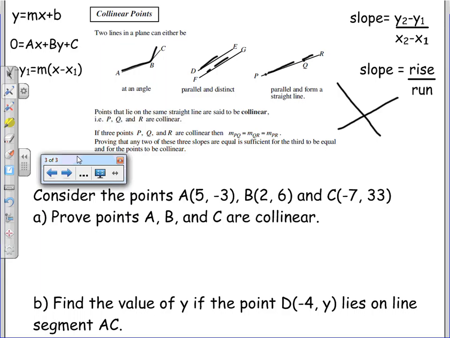So they're connected. They're in the same line, right? So, how can you guys prove that? How can you prove that they're somehow connected?